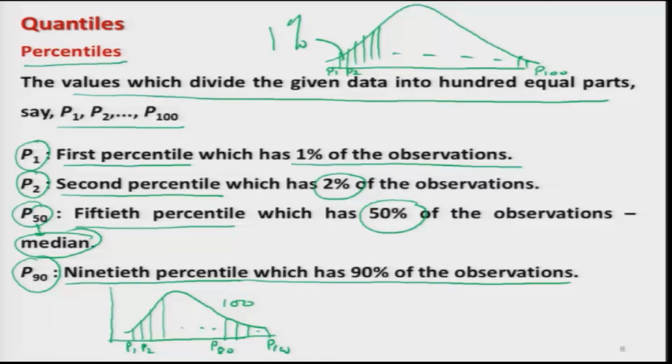What they are asking is that any candidate who has scored marks lying in this region is eligible to appear in the examination. That means they have got marks greater than the 80th percentile.